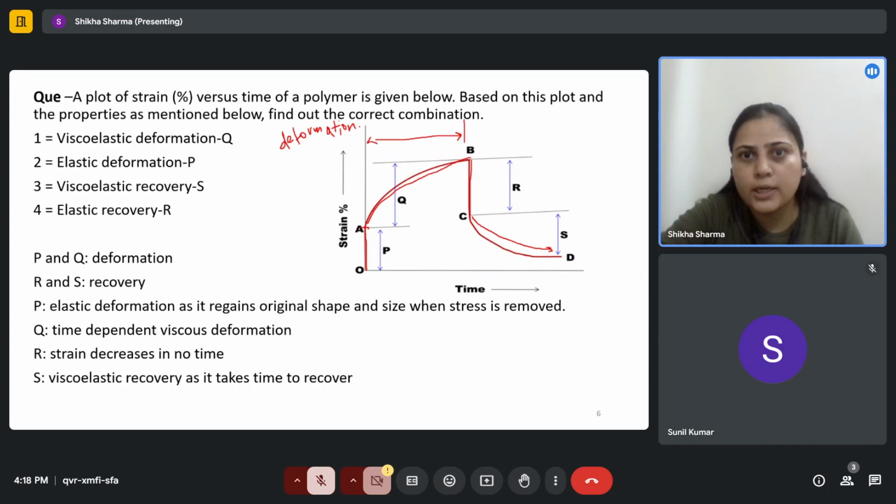This area is the deformation area because here strain is developing. Here strain is releasing. So from B to C and C to D, this area is the recovery area.